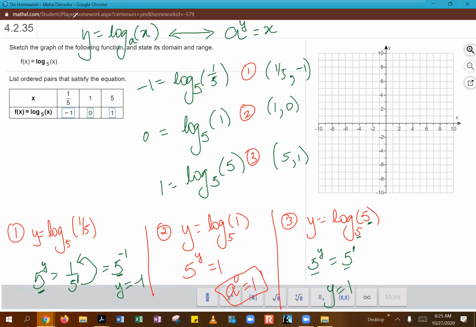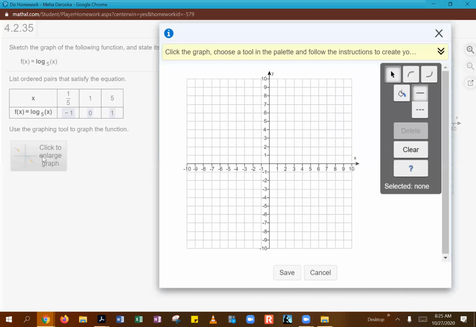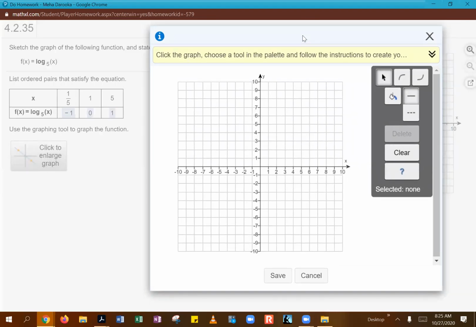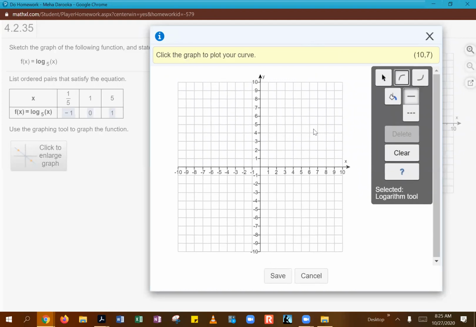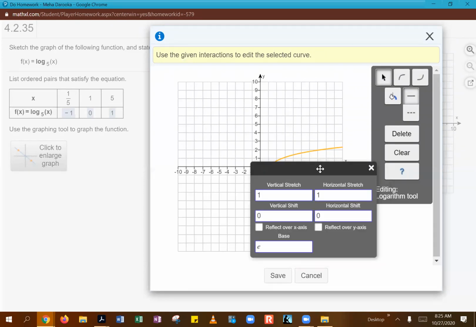Alrighty, let's go ahead and check our answer over here. And then the graphing for this is actually going to be very similar in process as you had done for the exponential functions. So obviously remember to select your logarithmic tool. Just click anywhere on the graph and this little window will pop up.